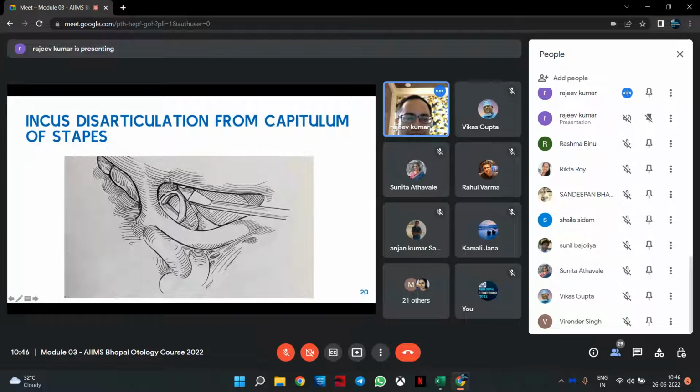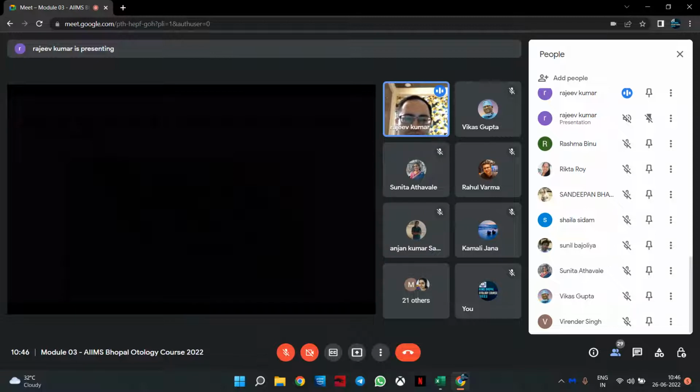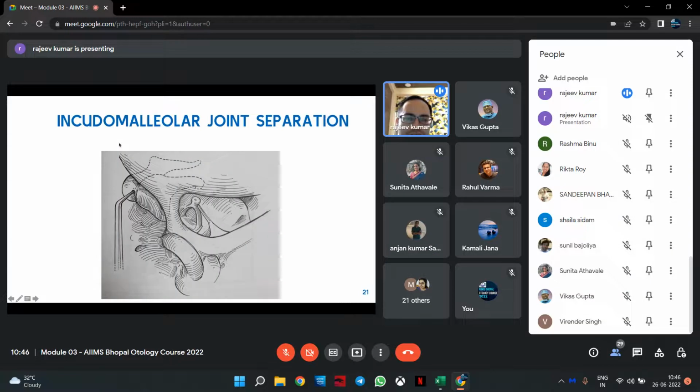Now what are the steps? The first step is to disarticulate the incudostapedial joint. Incus disarticulation from the capitulum of the stapes you can do through the posterior recess, or you can also do it transcanal in the beginning when you do examination under the microscope. Once you do this, then you separate the incudomalleolar joint with a right angle pick. This is very easy.